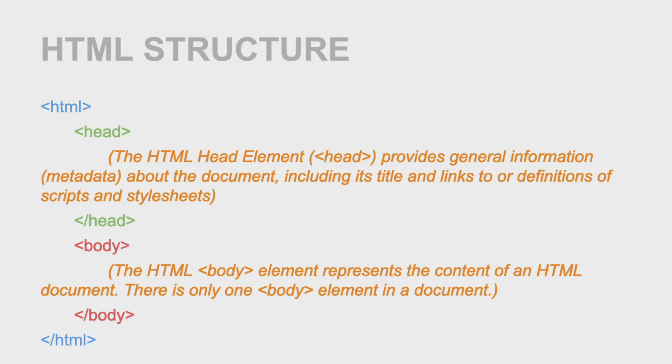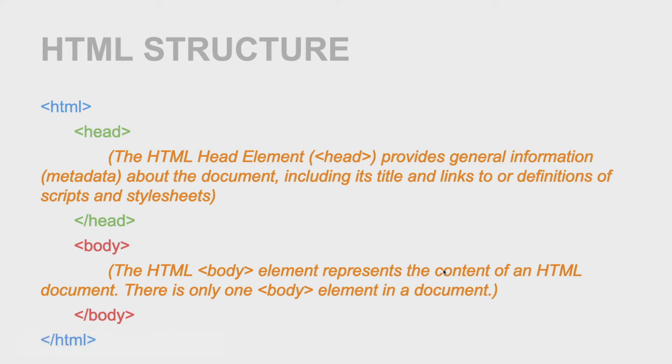That's the structure they have to take place within. The head and the body here, in terms of parent-child relationships, are siblings to each other, but children of the HTML tag. They are inside the HTML element. They are inside the HTML tags. Each one of these individual things is called a tag.